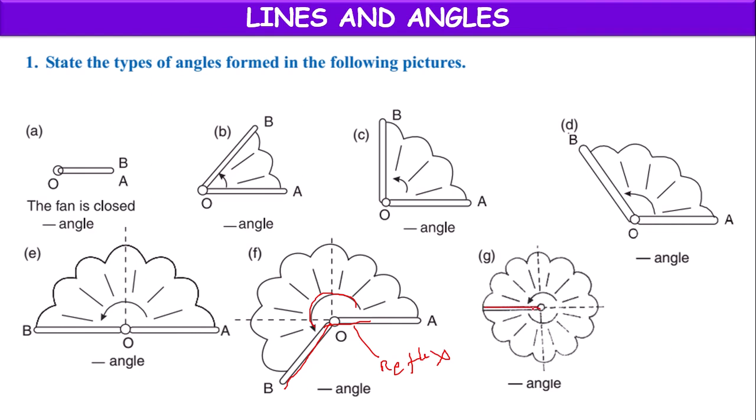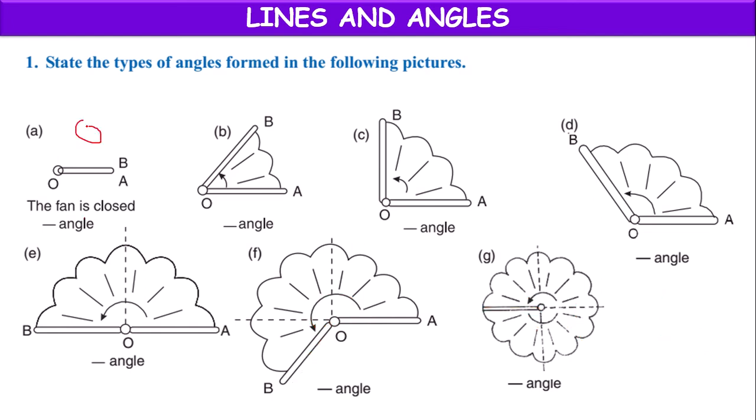If the fan is stretched completely and again comes back to its original position, then it is called a complete angle, 360 degrees.